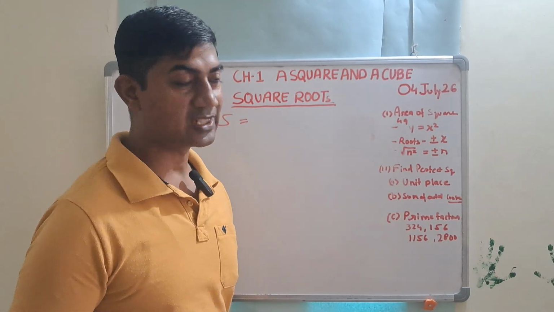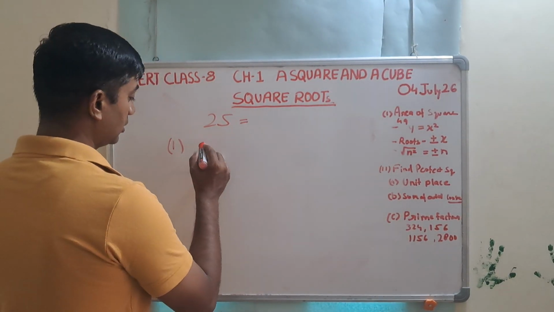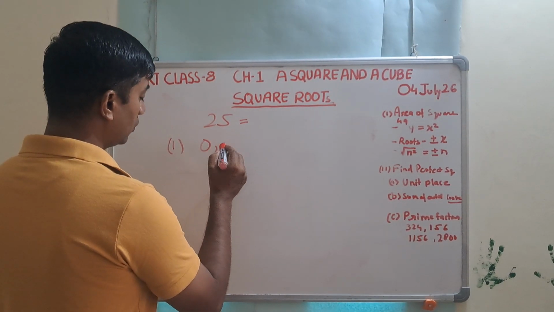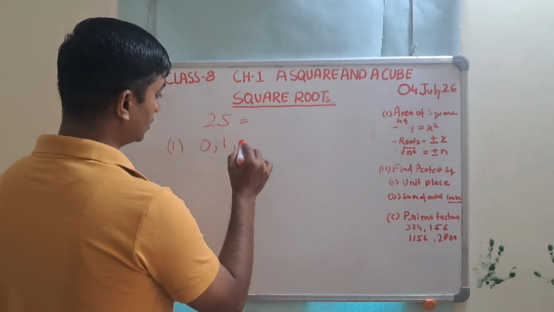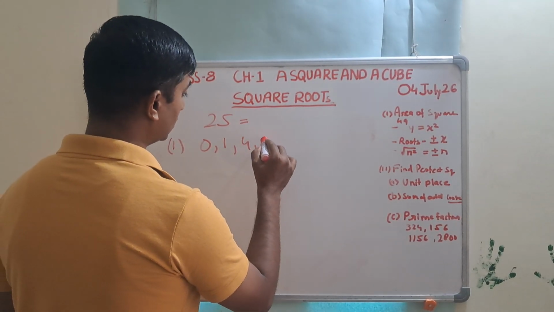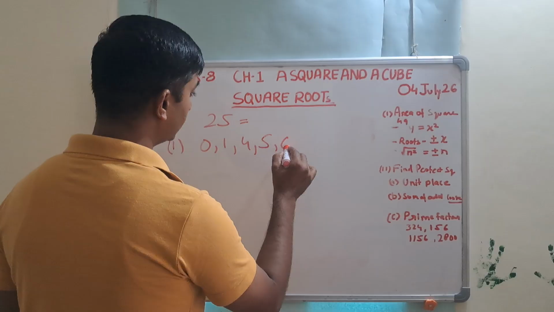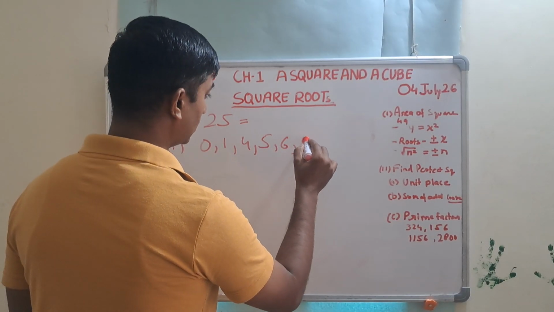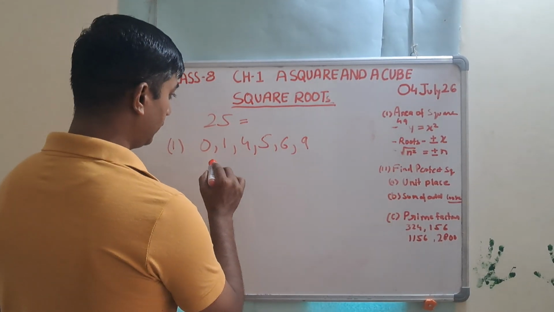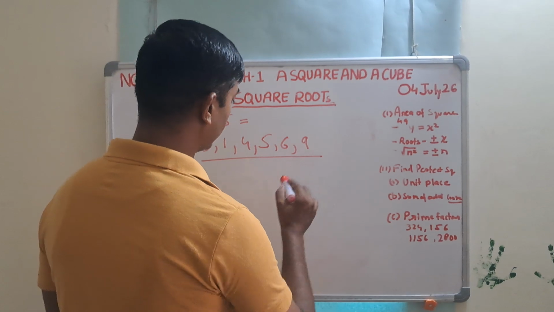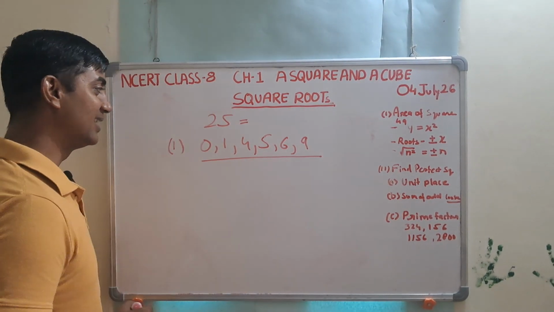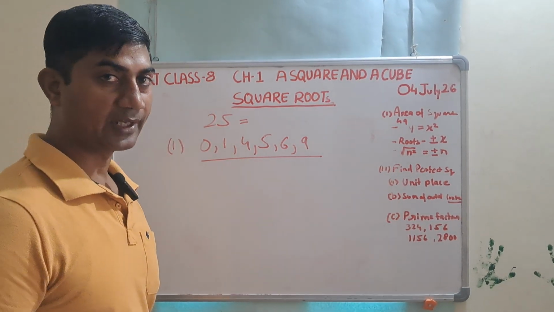Unit place method. What was that? If the digits 0, 1, 4, 5, 6, 9 are coming in your unit place, then it may be a perfect square.